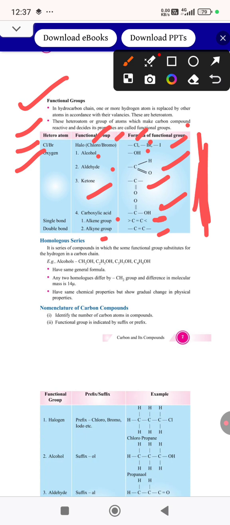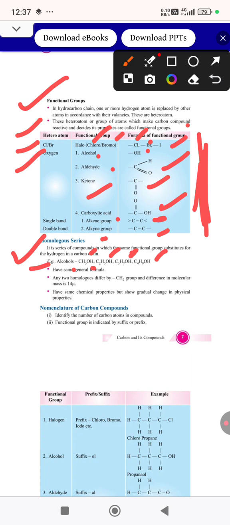Homologous series is a series of compounds in which the same functional group substitutes for the hydrogen in the carbon chain. Alcohol, CH3OH. If OH is written at the end, then this is called the alcohol group. Here and here OH is written, so we can say that this is the alcohol group.